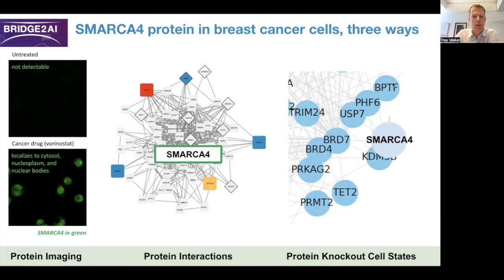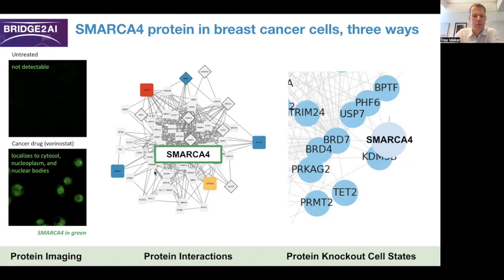Here's an example of those three data streams for one protein in particular, the protein known as SMARCA4. SMARCA4 is an important factor in the control of transcription. It's a transcriptional regulatory factor. Over at the left, you can see its localization in human cells. These are the breast cancer cell population I mentioned.